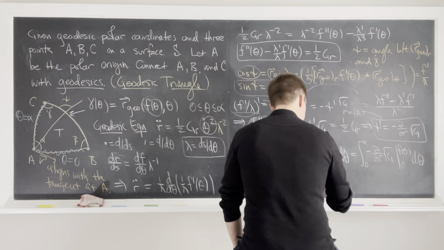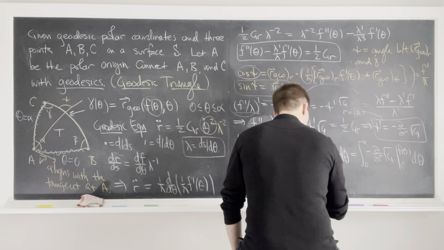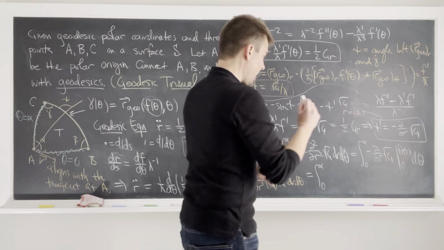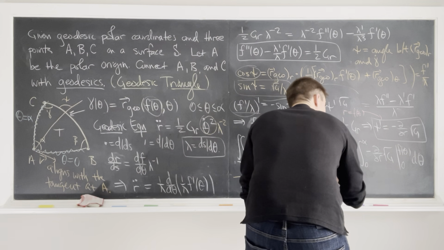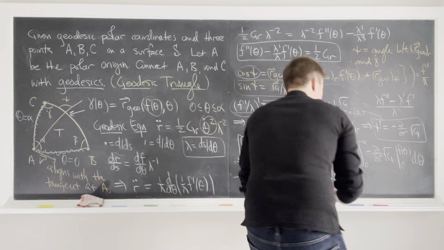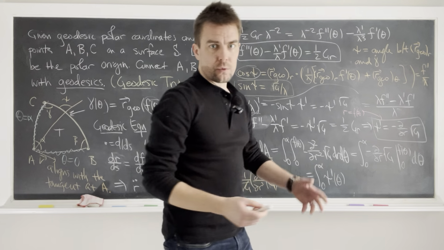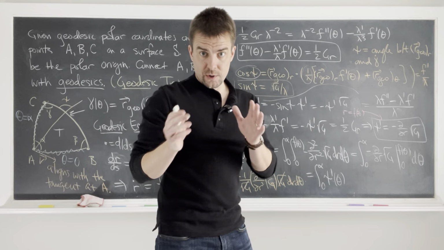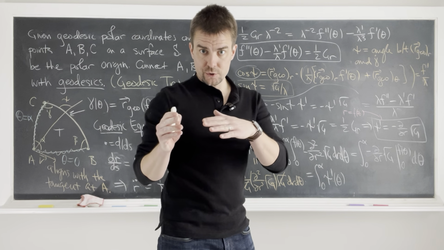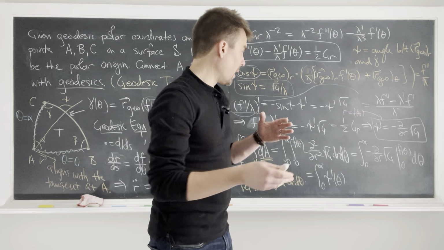So this becomes the integral from 0 to alpha. And then when I plug in f of theta, I just get psi prime of theta. When I plug in 0, I get 1, because root g is locally r minus kappa, the curvature, over 6 r cubed. Actually, r plus negative curvature over 3, r squared, r cubed, right?